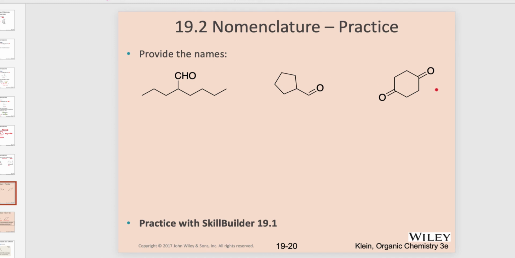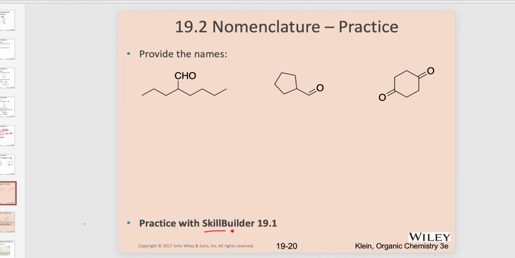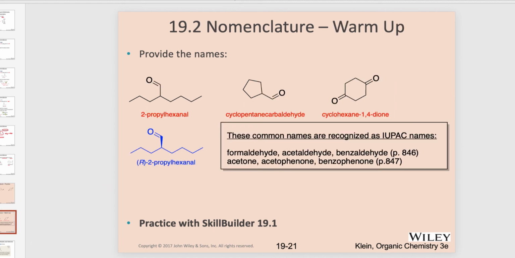Think about it, what you need to do, and then deduce the correct answer with everything we just discussed. This, of course, is highlighted in chapter and end of chapter problems. So your skill builder will stress some of the important skills to solve a problem. So this is just about nomenclature as we're moving on to the next slide.